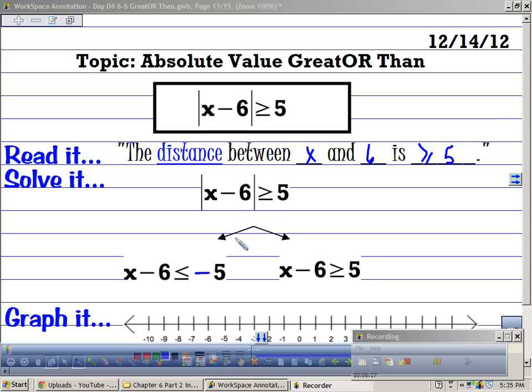But can you see a difference between these two? Well, let's talk about it. First of all, let's solve.